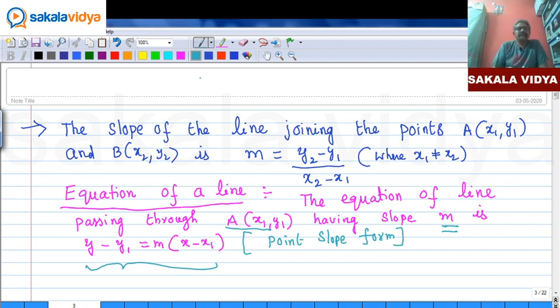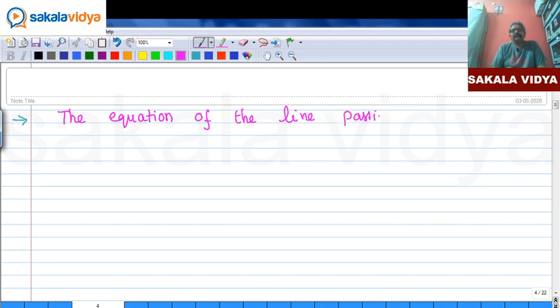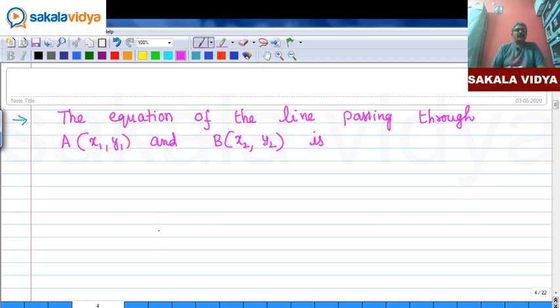So, next, how to find the equation of the line passing through A (x1, y1) and B (x2, y2)?